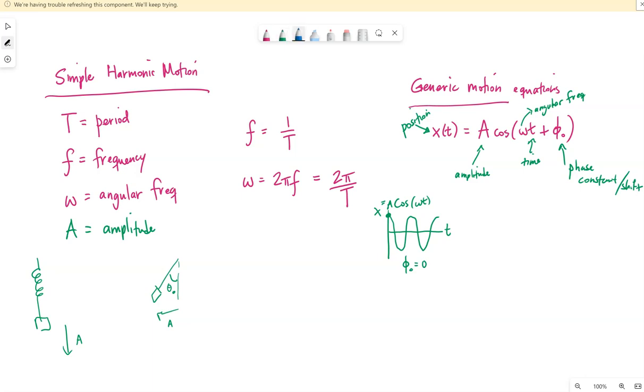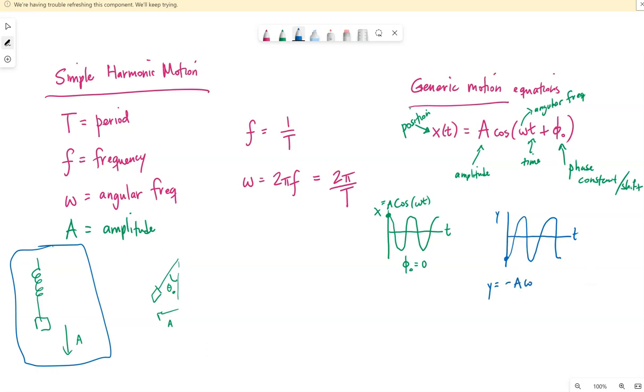If we were looking at the mass simulation where I pulled the mass down and we started the mass at its lowest point and let it oscillate, we would either need to say this is a negative cosine function, so negative A cosine omega t would be perfectly valid, or if we wanted to write it in terms of a positive cosine function, we would need to add a phase shift.